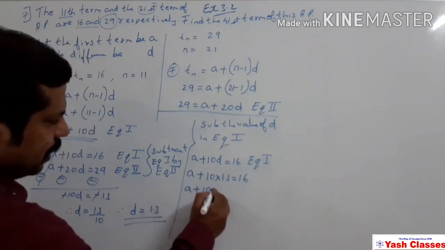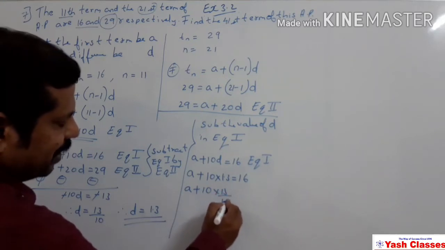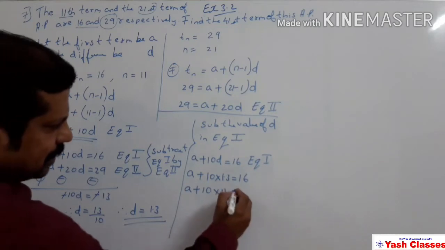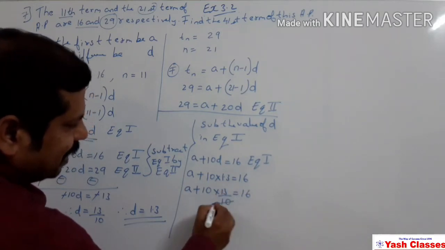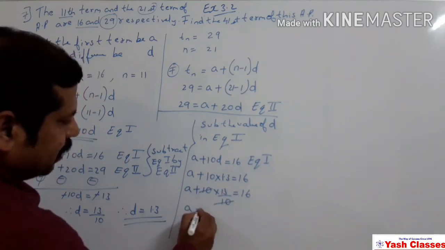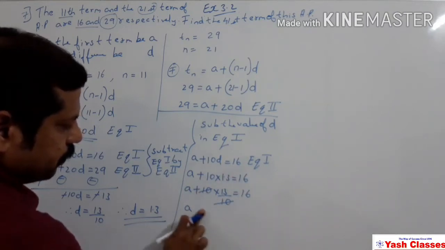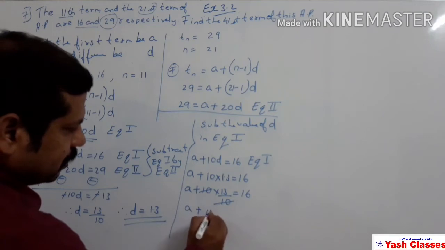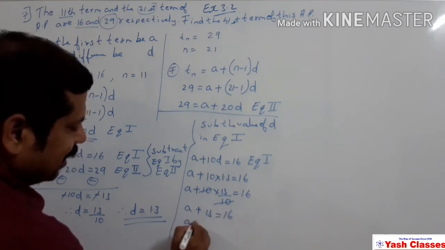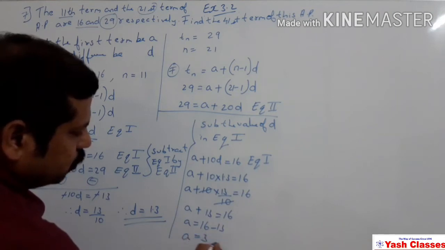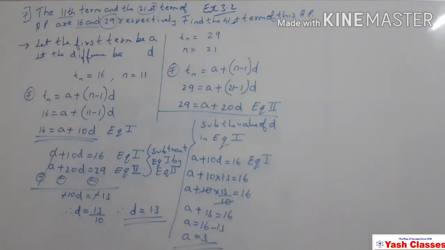A plus 10 multiplied by 13 upon 10 is equal to 16. Why 13 upon 10? We are removing the decimal point. 10 and 10 cancel. A plus 13 is equal to 16. A is equal to 16 minus 13. A is equal to 3.